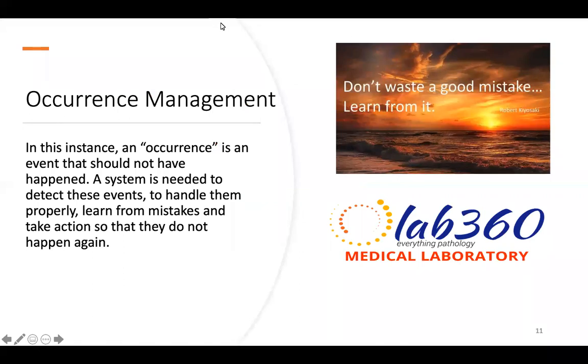Occurrence management speaks about events that shouldn't happen in the first place. So this could be attributed to errors that could happen in the process, and every good laboratory should ensure that they mitigate against errors. Now, take for instance, collecting blood samples from a wrong patient.